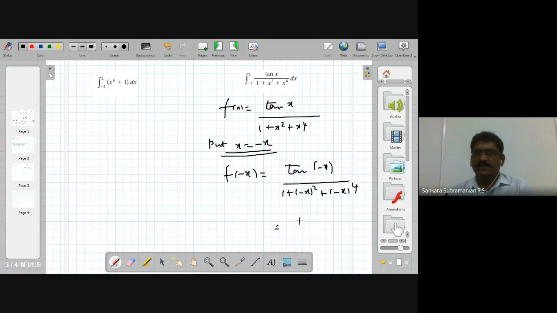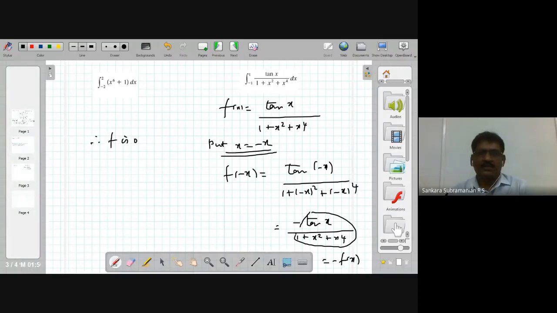Tan of minus theta is minus tan theta, so minus tan of x, and this is again 1 plus x square plus x power 4, and this is equal to minus f of x. So the conclusion is f is an odd function.